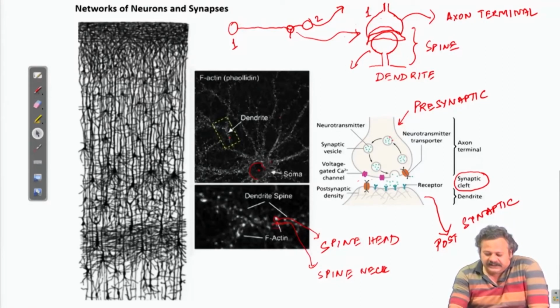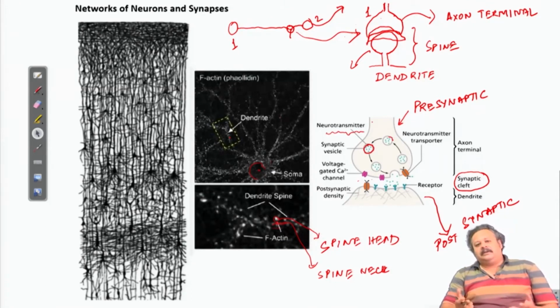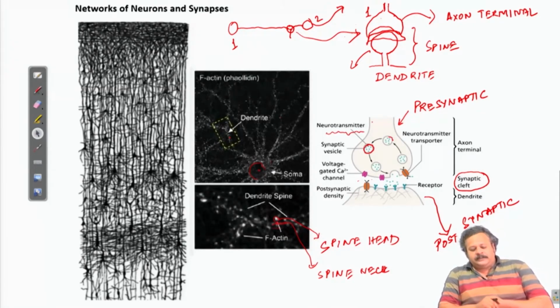These neurotransmitters are loaded in synaptic vesicles. The neurotransmitters are chemicals, molecules that act as a form of messenger from the presynaptic side to the postsynaptic side.